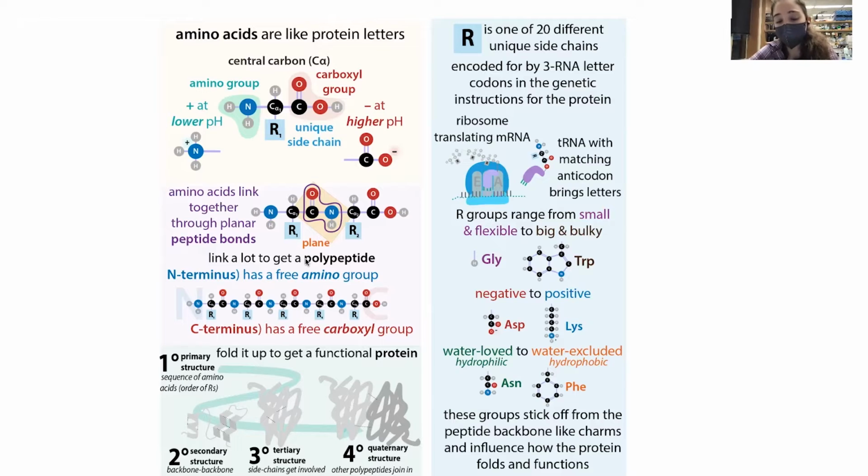The backbone is really important too, though, in order to give it its secondary structure and things like that. So much more in past posts. But the basic idea is that the place where these amino acids differ is this side chain.